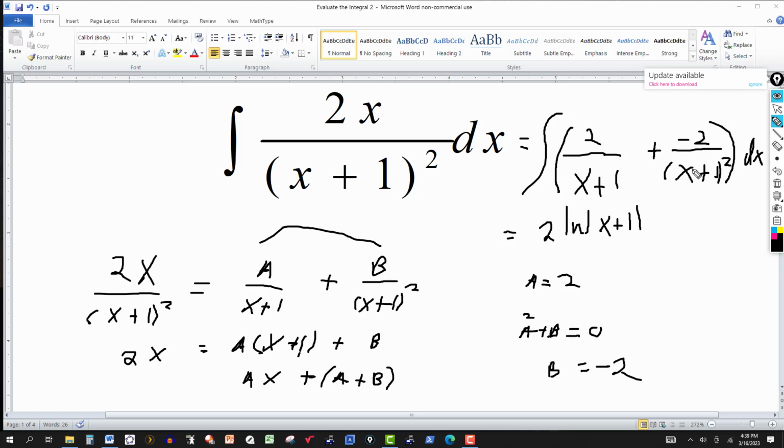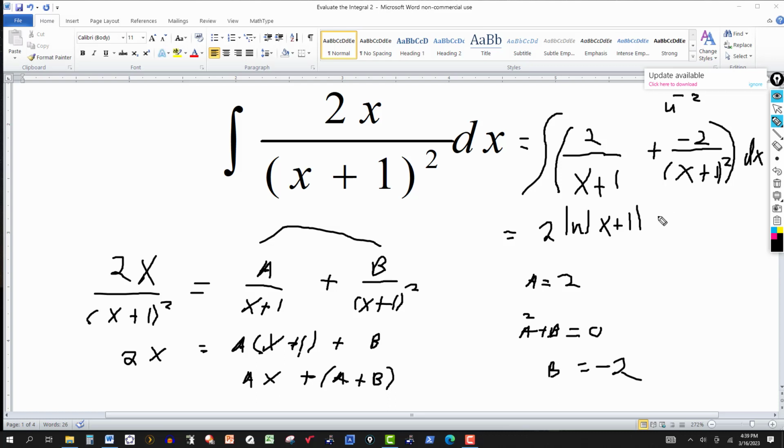Now for this one the same way, minus 2 over x plus 1 squared. U could be x plus 1, but again you should be able to see that if I let u equal x plus 1, then dx and du would be the same. And this would just be a u, so it would be the same thing as integrating u to the negative 2. So if I add 1 to that, that'll give me negative 1 divided by negative 1.